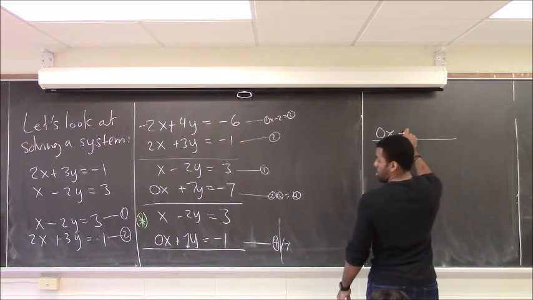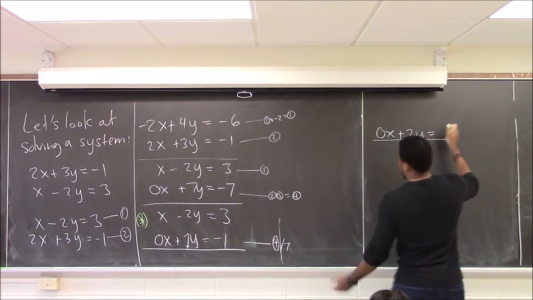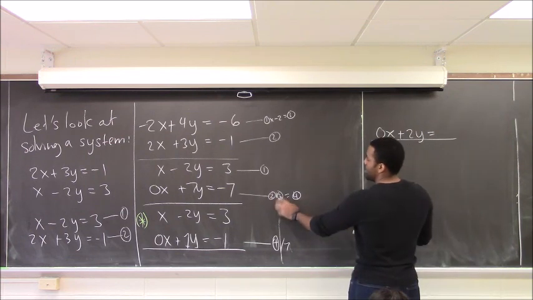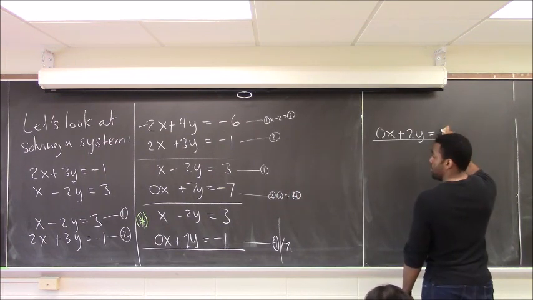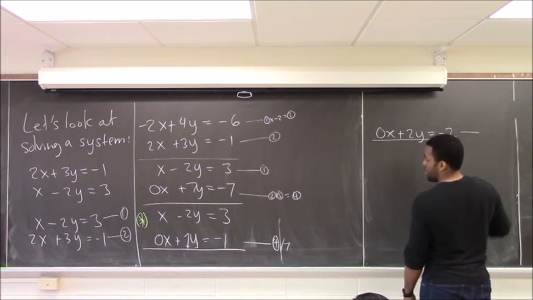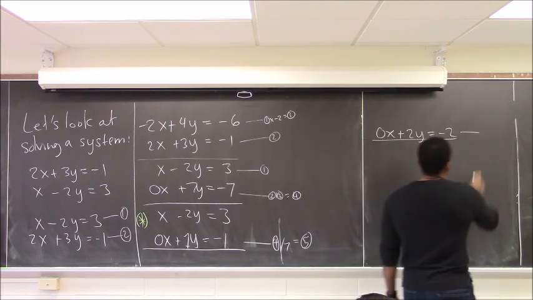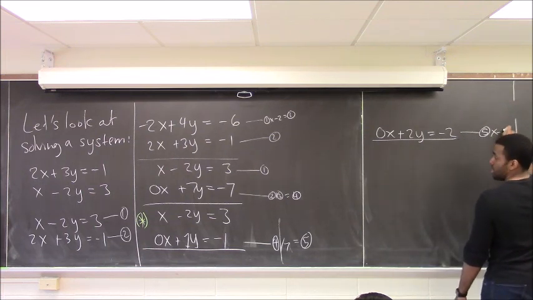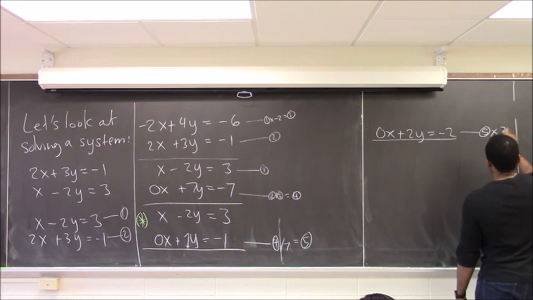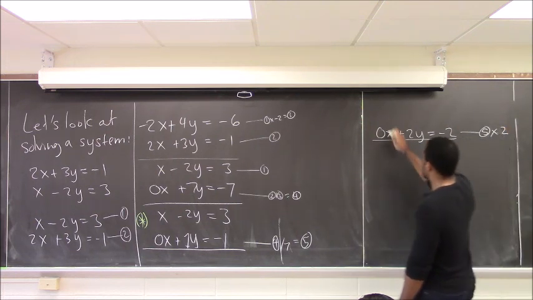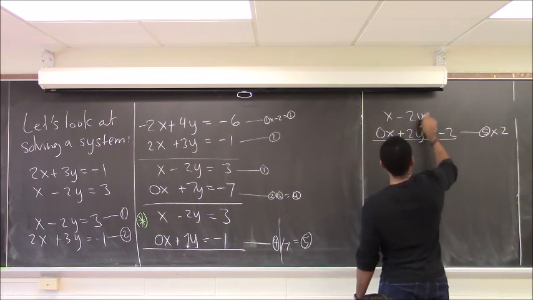Or positive 2, sorry. It can be positive or negative. It almost doesn't matter. Instead of adding, we can subtract the equation. So let's say I multiplied this equation, let's call this equation 5, and I multiplied equation 5 by positive 2. And so I have equation 1 here.